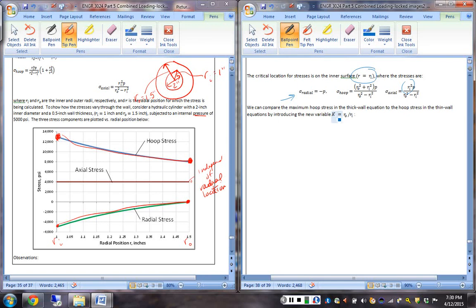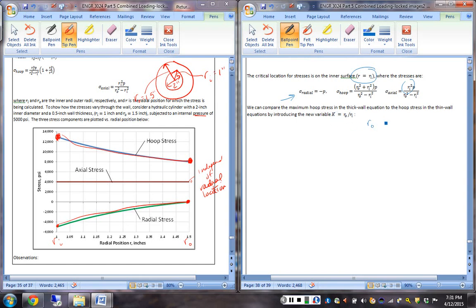If we have a new variable that we call capital K, that is the ratio of the outer to the inner radius, or an indicator of the thickness, we can compare the maximum hoop stress from the thick-walled equations to our assumption from the thin wall. So we can solve for our new variable.